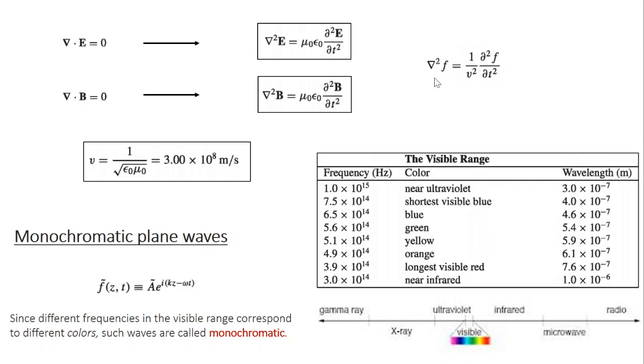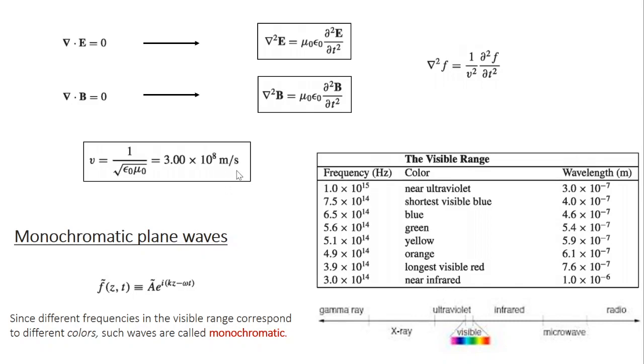If you compare this with the standard wave equation, you can see that it looks exactly like a wave equation in form, and in place of 1 over v square you have the term mu naught epsilon naught. So you can define the velocity of the electromagnetic wave as 1 over square root of mu naught epsilon naught, which is 3 times 10 to the power 8 meters per second.